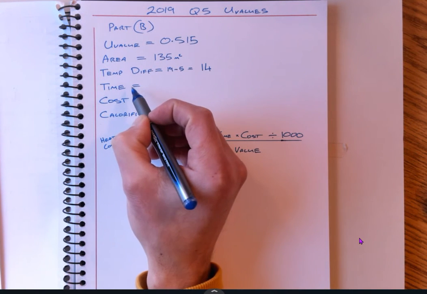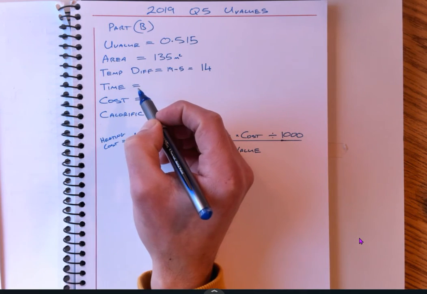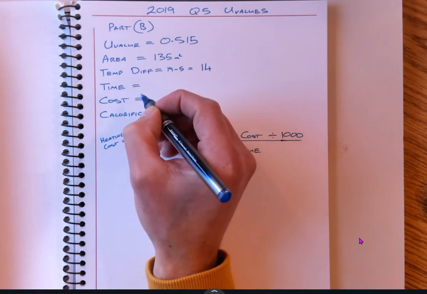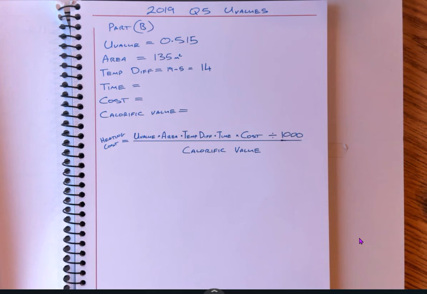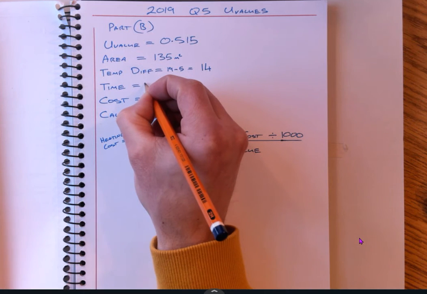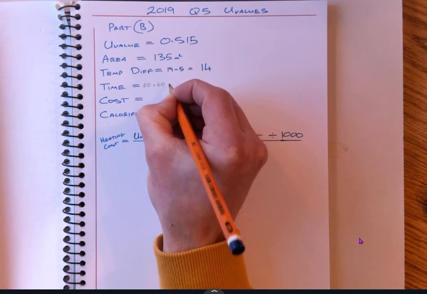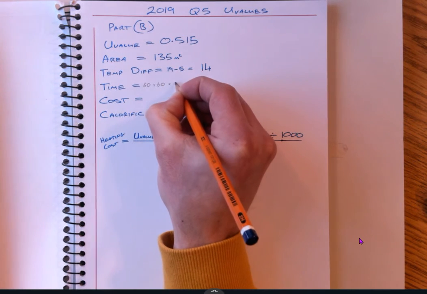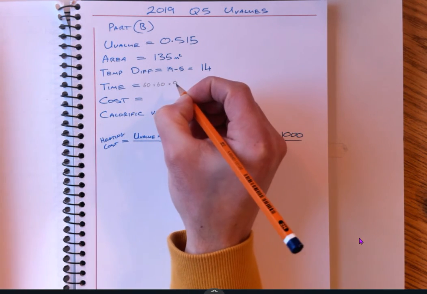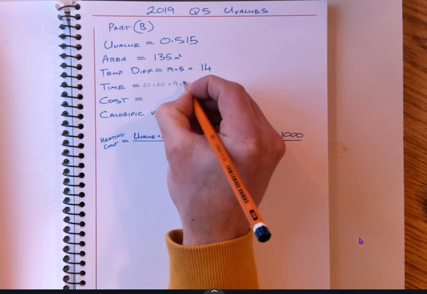The time the heating is on for, there's a little bit more work to do. The heating period needs to be converted to seconds. We have 60 seconds by 60 minutes by 9 hours a day, which we were told in the question, by 7 days a week.